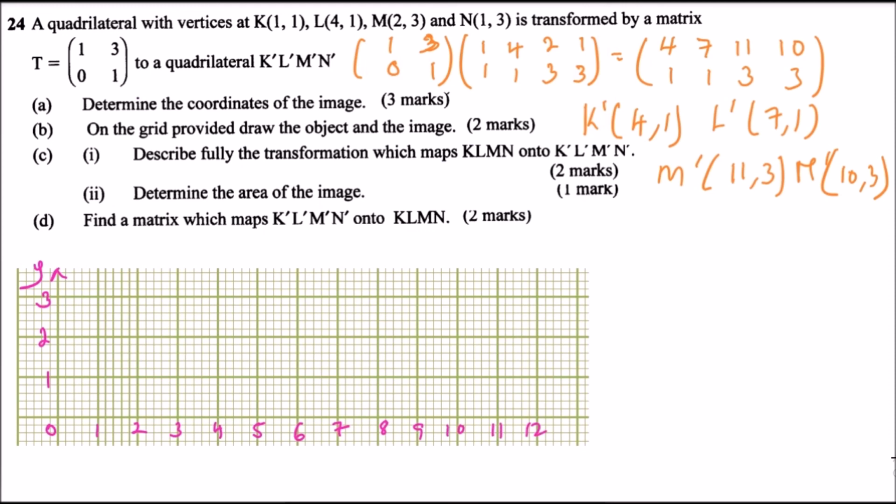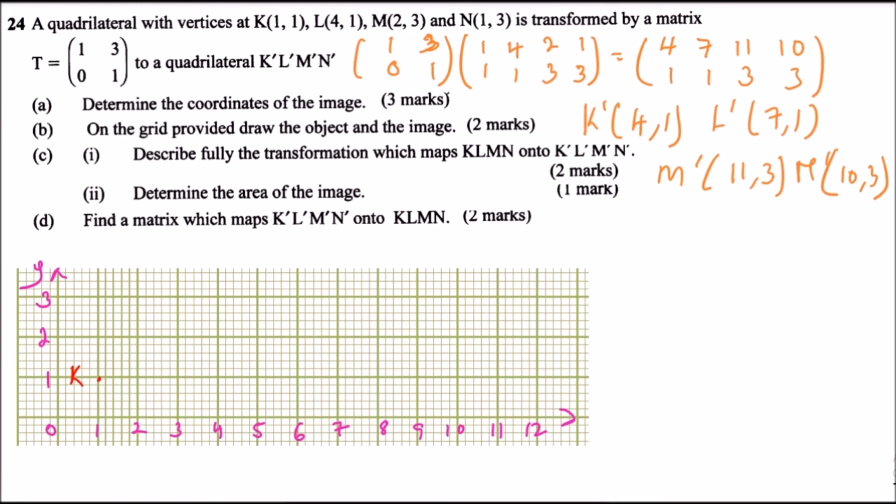So that is my x. Then what I'll do is plot the points of the coordinates of the object. So K is 1, 1. So that is where we have our K. L is at 4, 1.